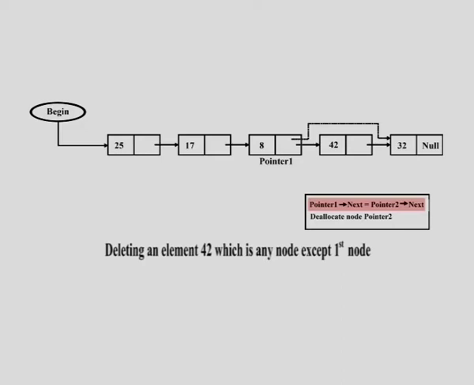That is, we perform the operation pointer 1's next is equal to pointer 2's next, as shown here. Now, the node 42 addressed by pointer 2 is not the part of the linked list and hence can be deallocated for the use by some other process.